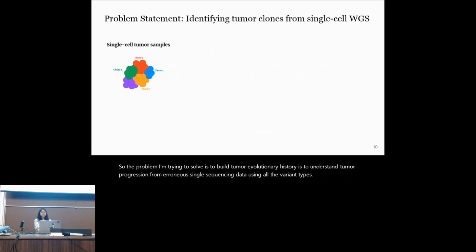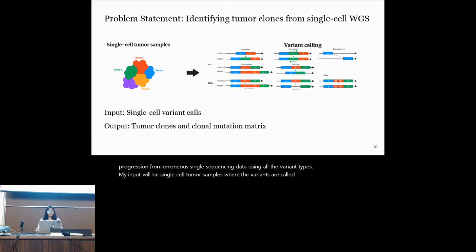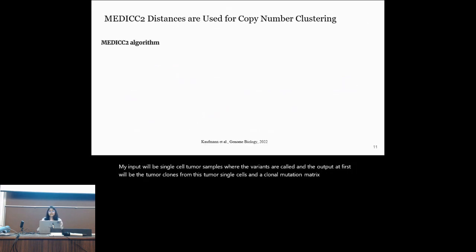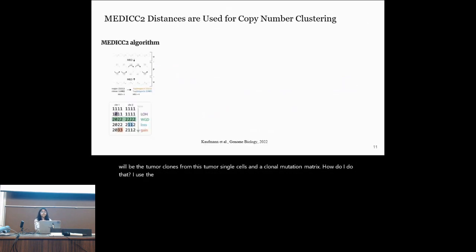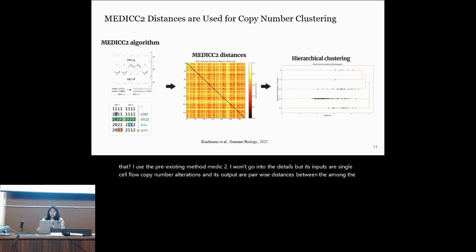My input will be single cell tumor samples where the variants are called, and the output at first will be the tumor clones from the tumor single cells and a clonal mutation matrix. How do I do that? I use the pre-existing method MEDIC2. I won't go into the details, but its inputs are single cell copy number alterations, and its outputs are pairwise distances among the cells.